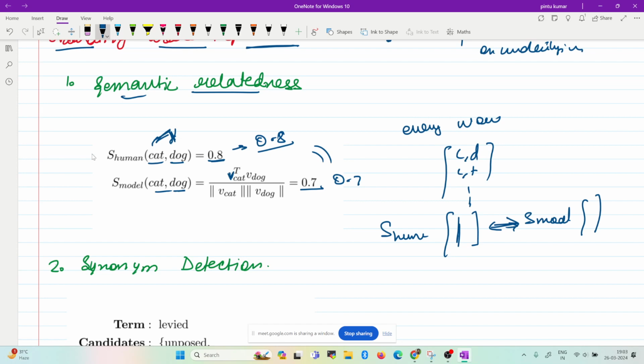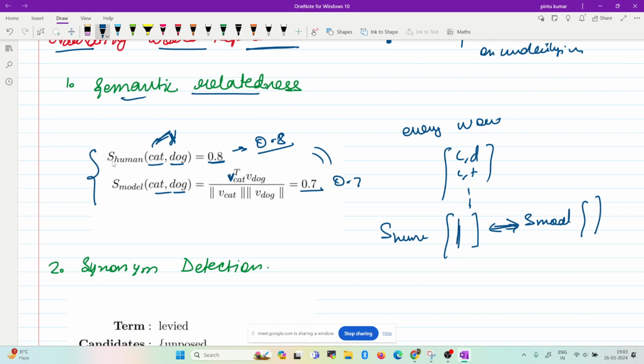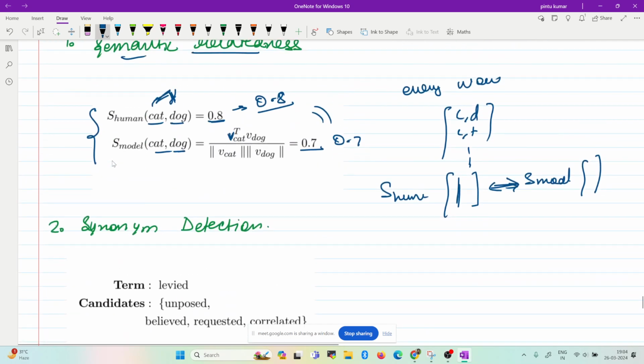Okay, this is one method to check the effectiveness of your representation, whether the representation that you have got is good enough or not. One thing that I want to emphasize here is that when you have the vector, you use its dot product with another vector to check the quality of your representation. How effective is your representation? You are just slightly more interested in the dot product between these two vectors. Okay.